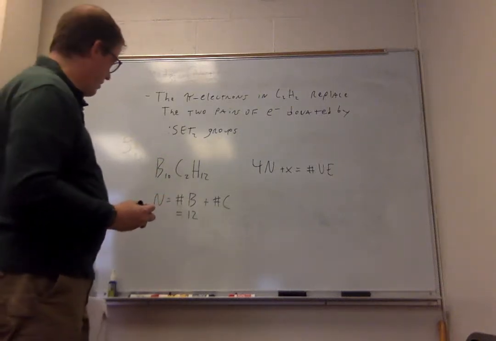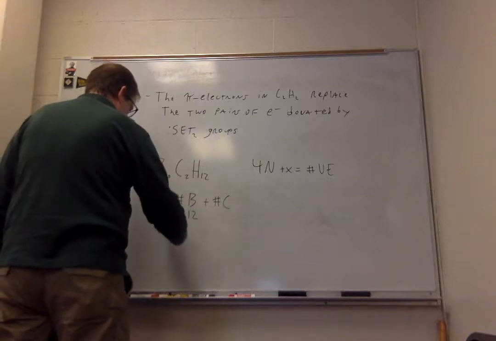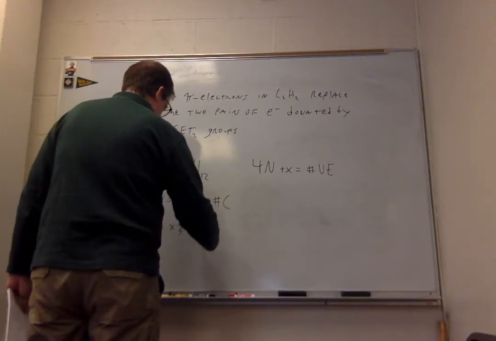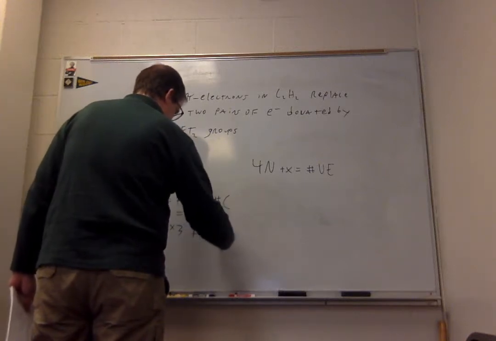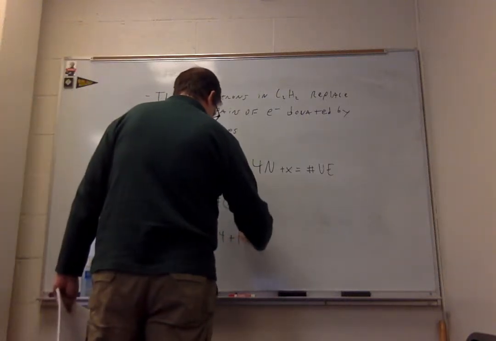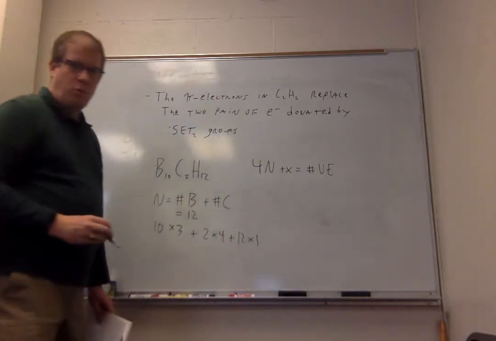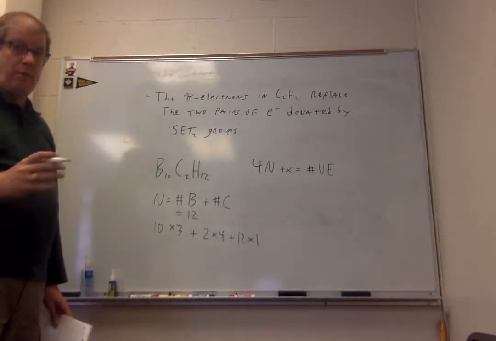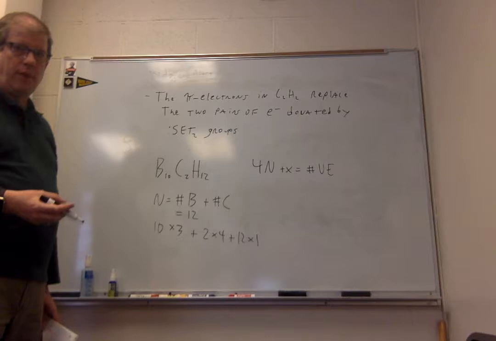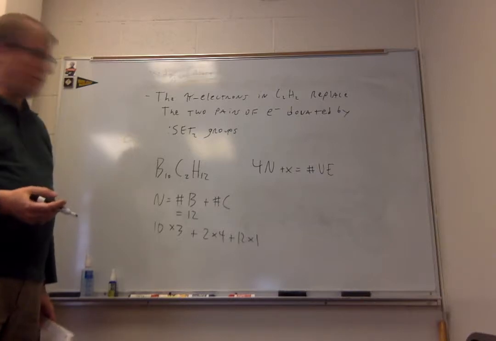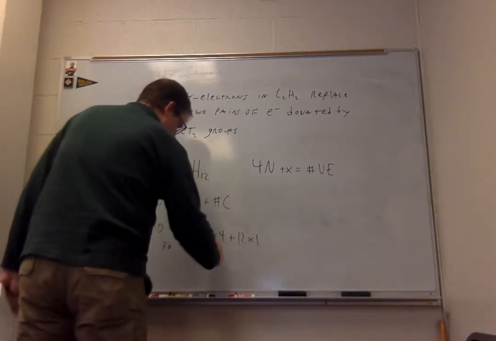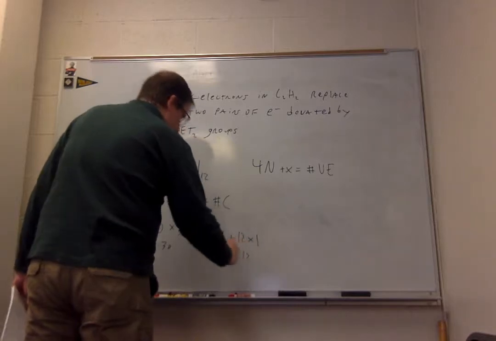What's the number of valence electrons in here? We have 10 times 3 from the borons. 2 times 4 from the carbons. And 12 times 1 from the hydrogens. Note, there is no charge, so you don't have to add 1 or 2 extra electrons to get the total. So, with that being said, what do we got here? A 30, an 8, a 12.